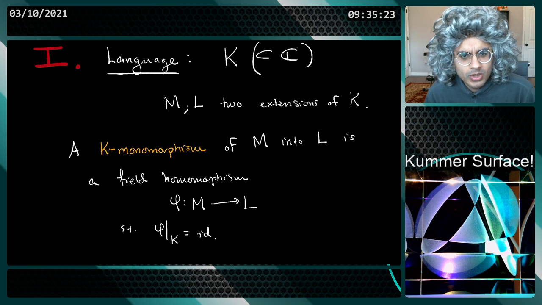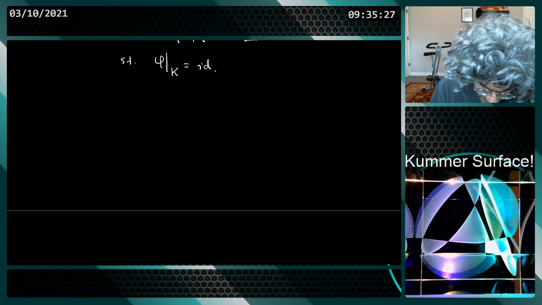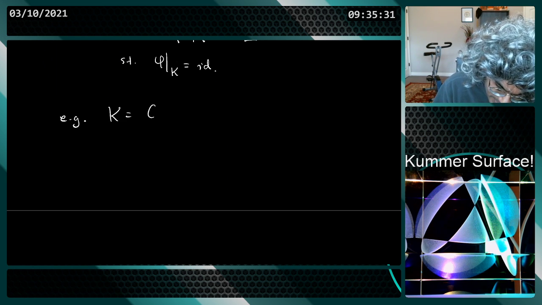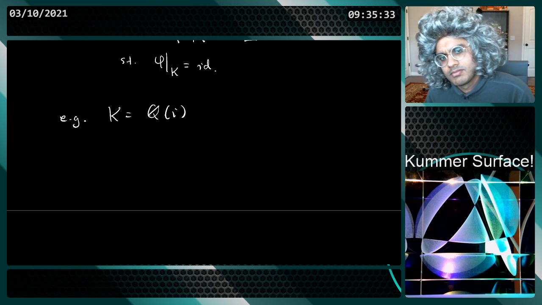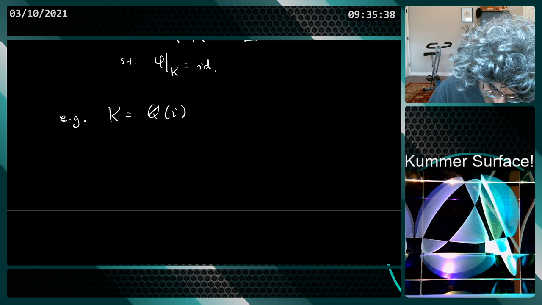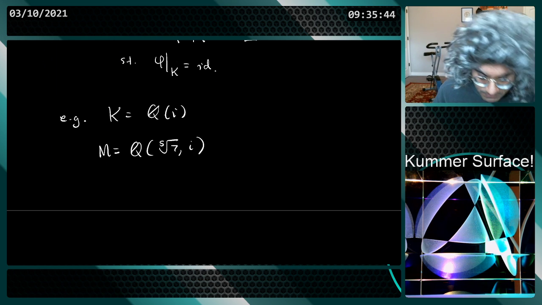All right. So, for example, here's an example of a K-homomorphism. K could be this field, and M might be this field, the 5th root of 7 and i.